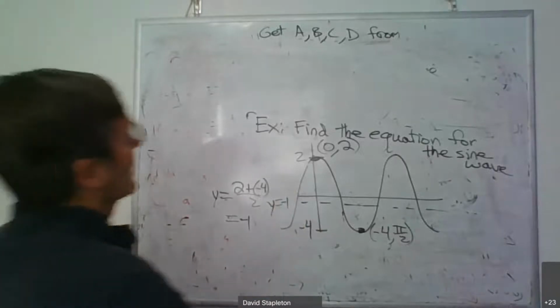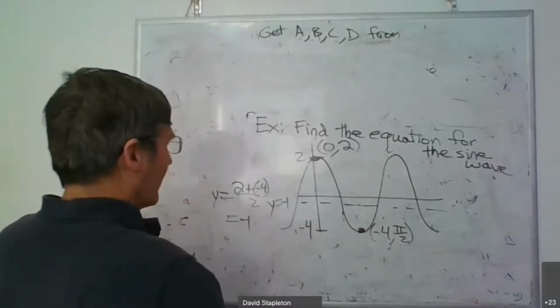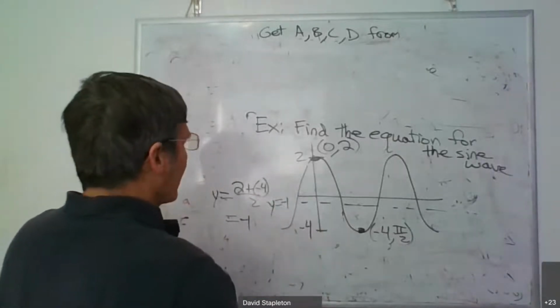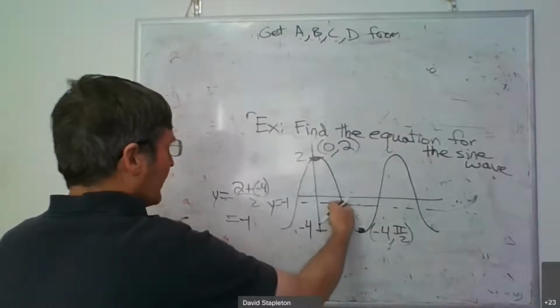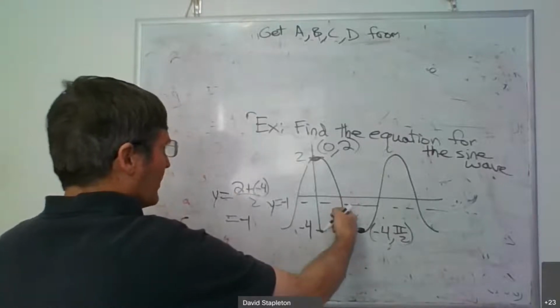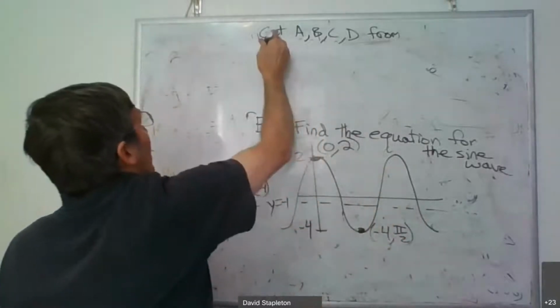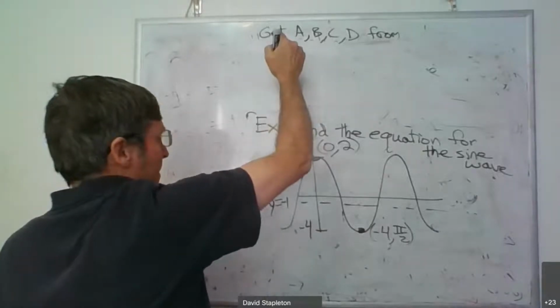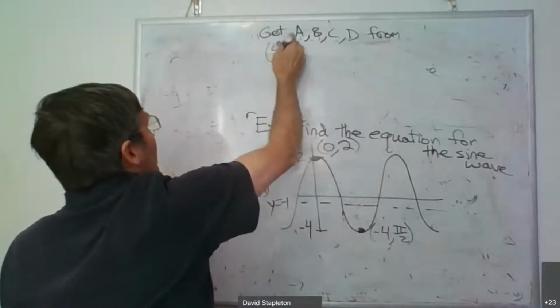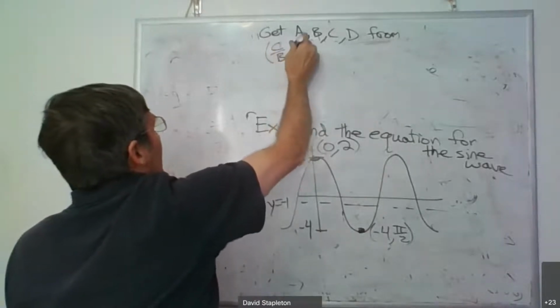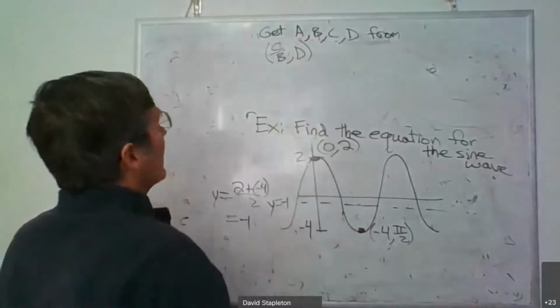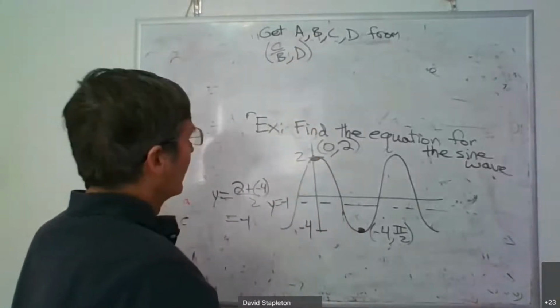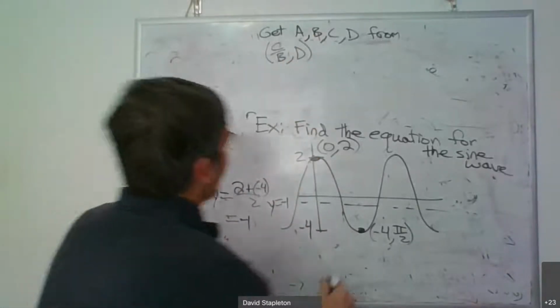That tells me immediately C over B. And then also I have a vertical shift, right, it's down 1 unit. So C over B, D are the horizontal and vertical shifts.